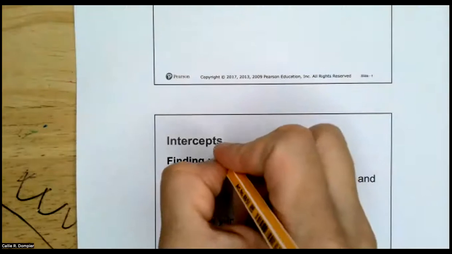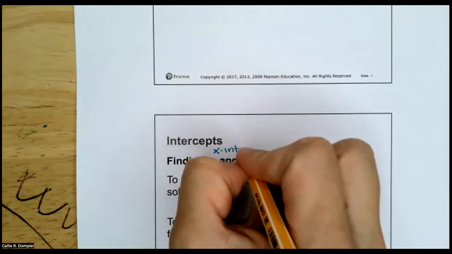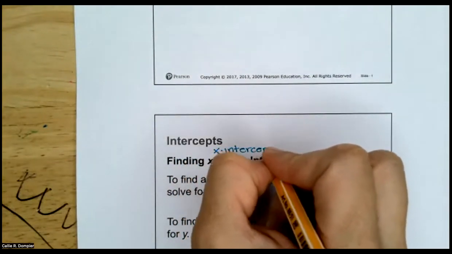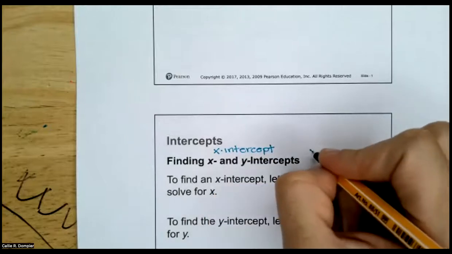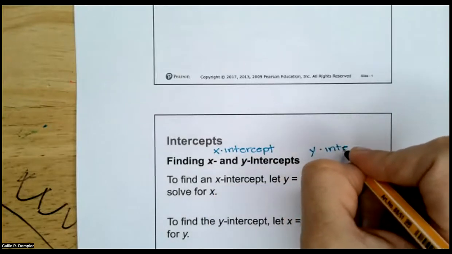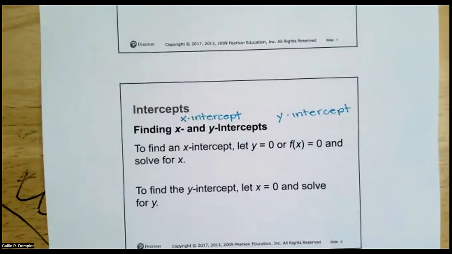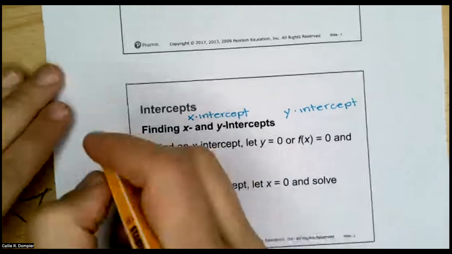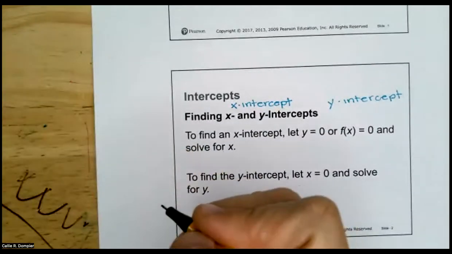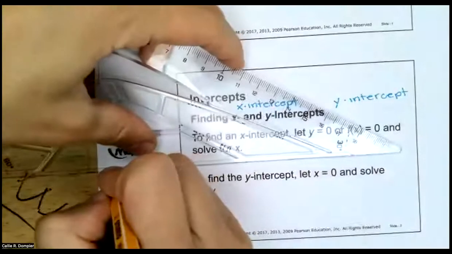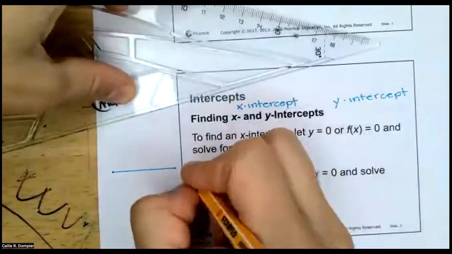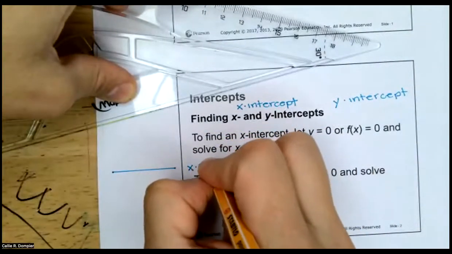So today we're talking about intercepts. The x-intercept or intercepts, there could be more. The x-intercept and the y-intercept of the graph of an equation or a line, okay? So x-intercept means where the graph crosses the x-axis, right?